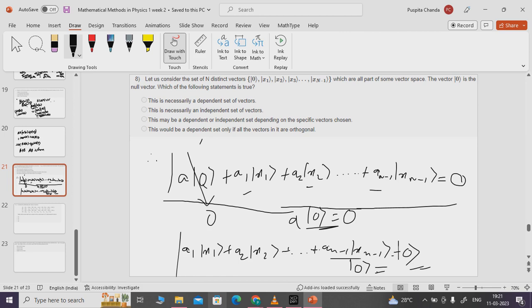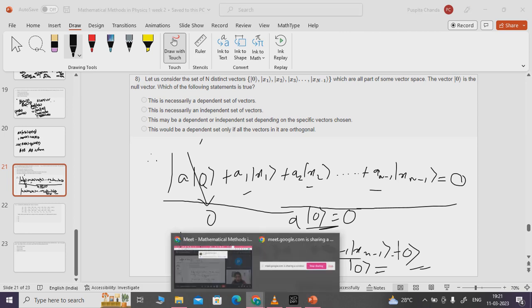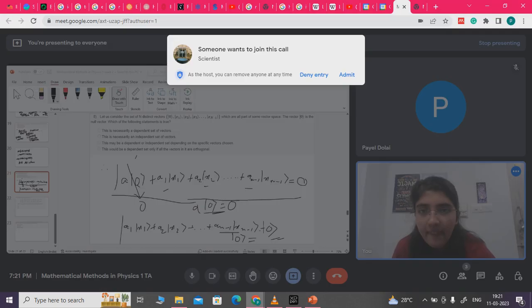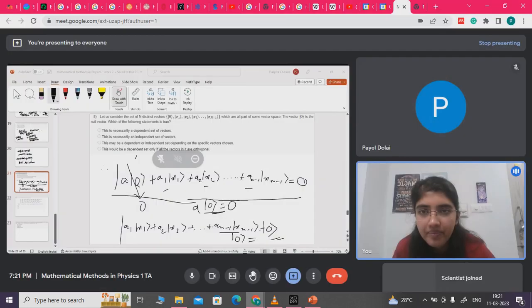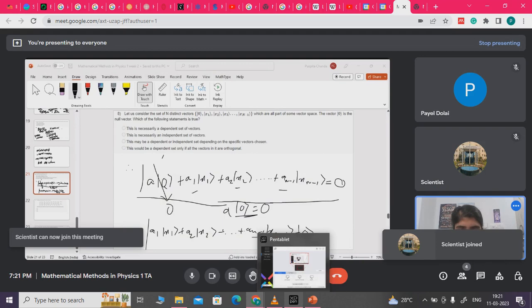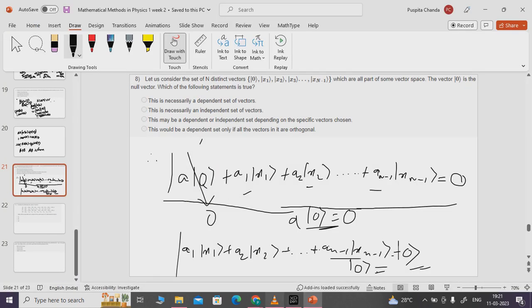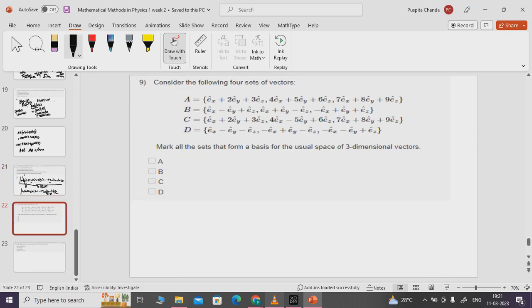So this is necessarily not an independent set of vectors. It is not that it may be dependent or independent depending on specific vectors chosen. This is necessarily a dependent set of vectors because 0 is in this vector space and 0 can be written with all other vectors.